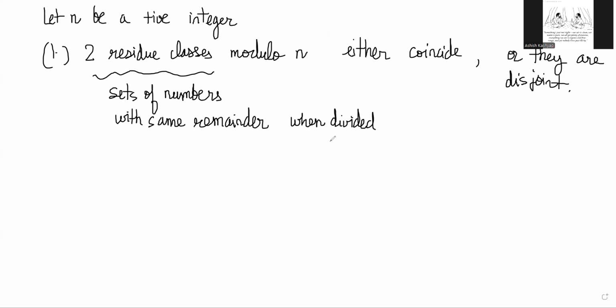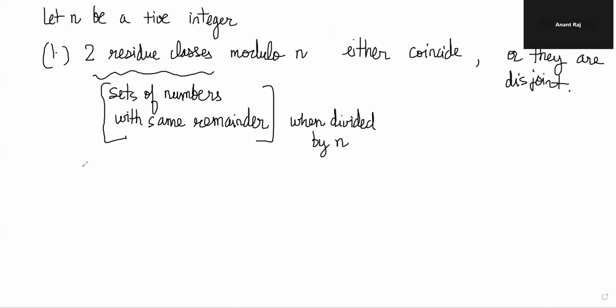And each set is an infinite set, which is an AP, right? Each of these residue classes will be a separate AP. We saw examples of that when we did residue classes modulo 3, right? So what this statement is saying is, if you take two of the residue classes, either they will coincide, they are the same, or they will be completely disjoint. You cannot have a number that exists in multiple residue classes.